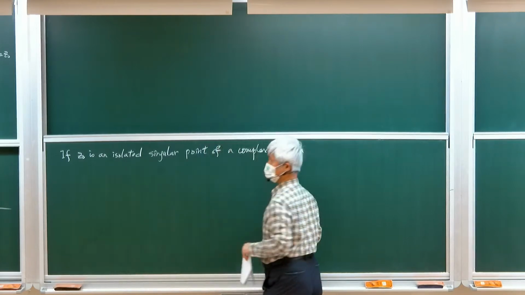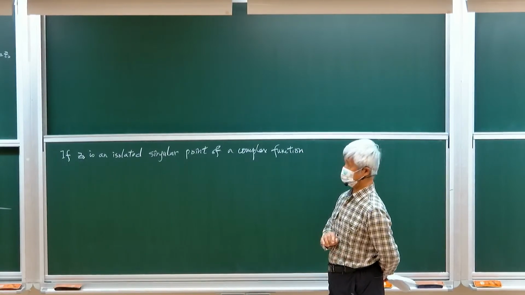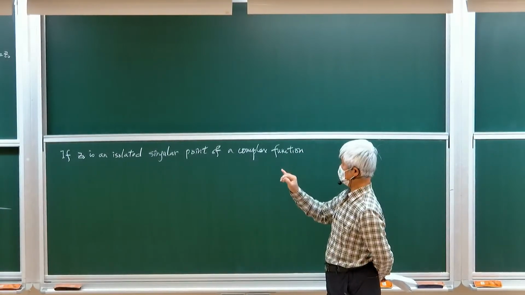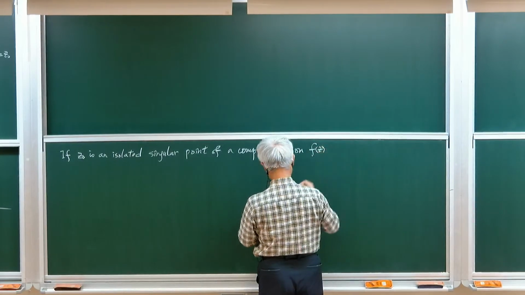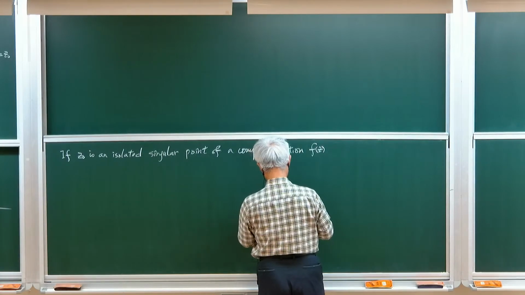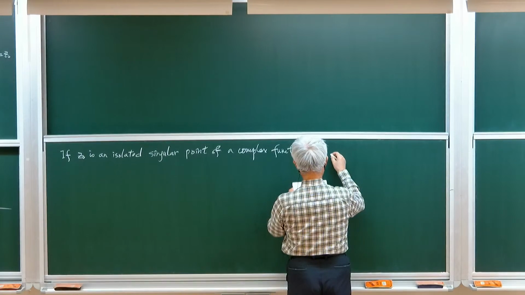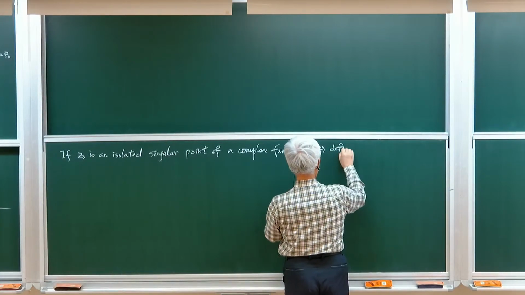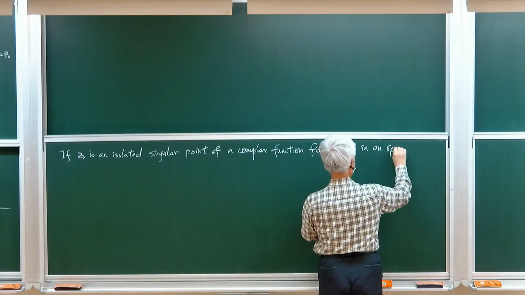So we consider a situation where we have a point z sub 0, which is an isolated singular point of a complex function f of z, defined in an open set.